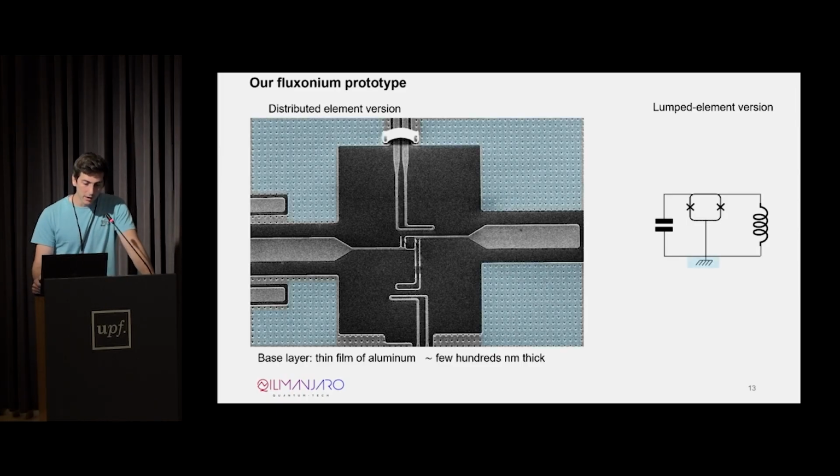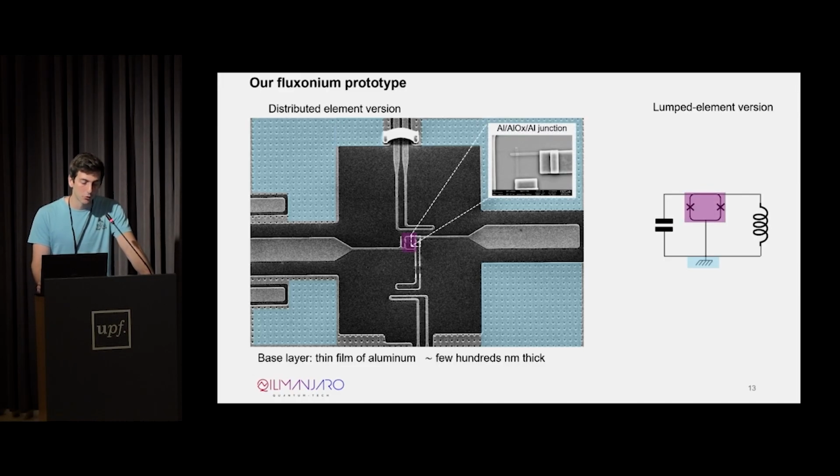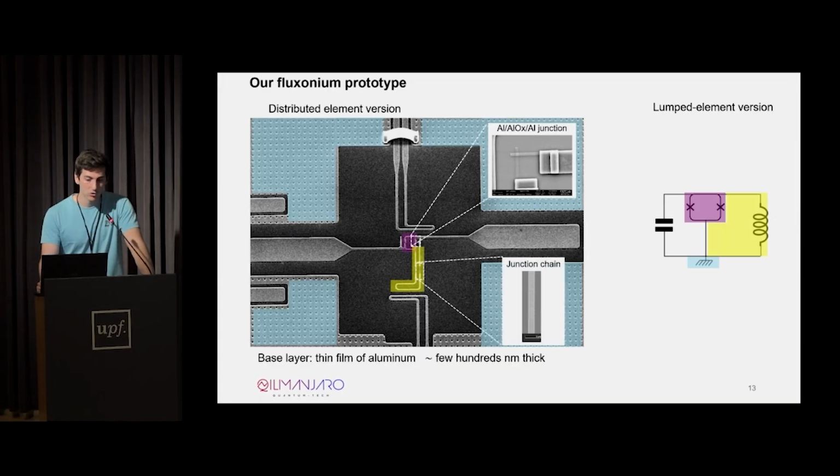What you see here, this large highlighted part, is the ground plane of the circuit. In the middle we have the squid loop, where for the junctions we use standard aluminum oxide tunnel junctions. You also see here in yellow the external loop, where the inductance is provided by a Josephson junction chain.